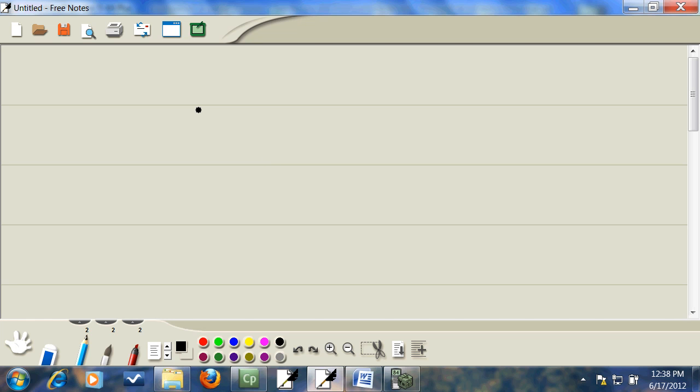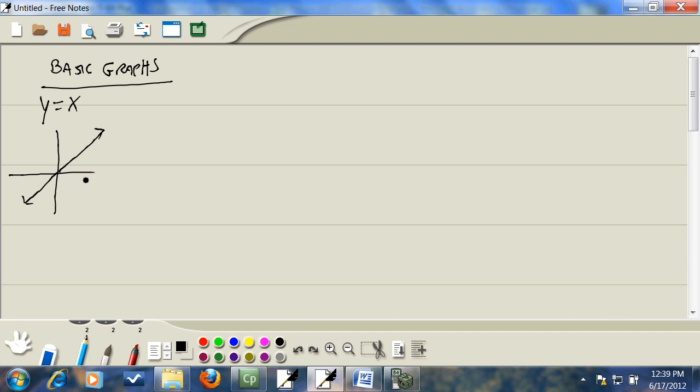Well, let's pretend that I'm going to do these somewhat by hand. First thing you need to have memorized is your basic graphs, unless you're just going to plot points. Our basic graphs: we've got y is equal to x, which looks like that. We've got y is equal to x squared, which looks like that.